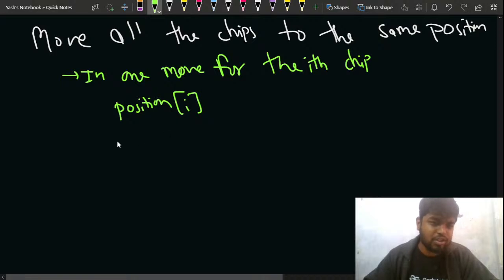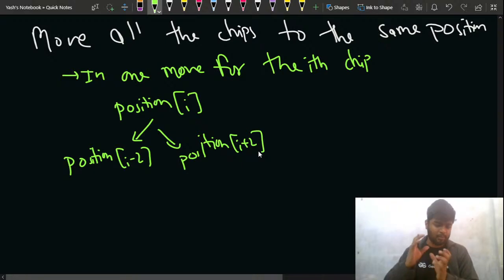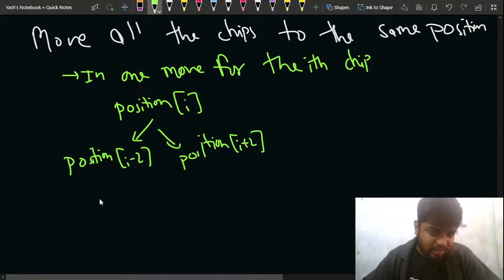If from position[i] you are going to position[i] minus 2 or position[i] plus 2, that is, you are moving 2 positions towards the right or 2 positions towards the left, then the cost will be 0.